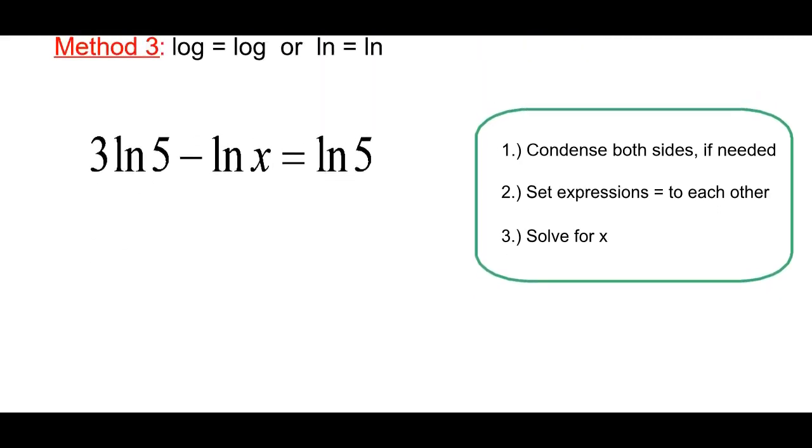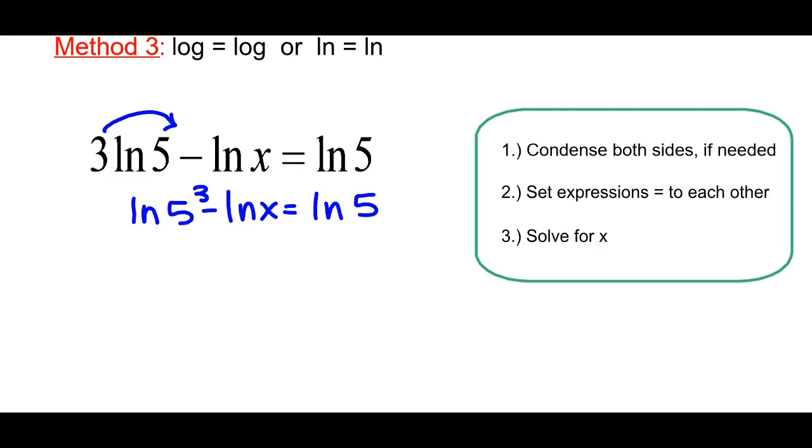Three natural log 5 minus the natural log of x equals natural log of 5. So I need to condense the left-hand side. Remember, this 3 is an exponent, so really this is natural log of 5 to the third minus natural log of x equals the natural log of 5.